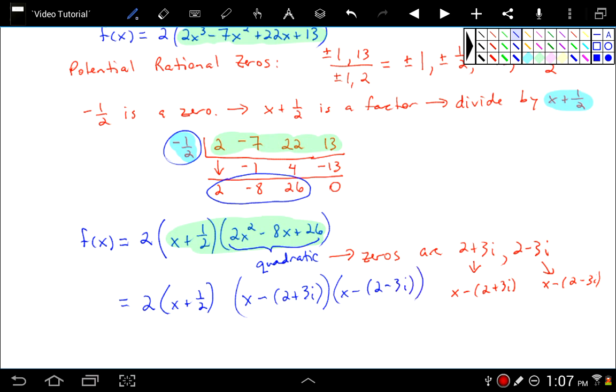And then you've got to pay attention here. Notice that this stuff here, there's no way that could equal this, right? If you were to multiply this out down here, what we just got, your first term would be x times x, which is x squared, but I need a 2x squared. So we already know that you can put any constant in the front and it won't affect your zeros or your degree.